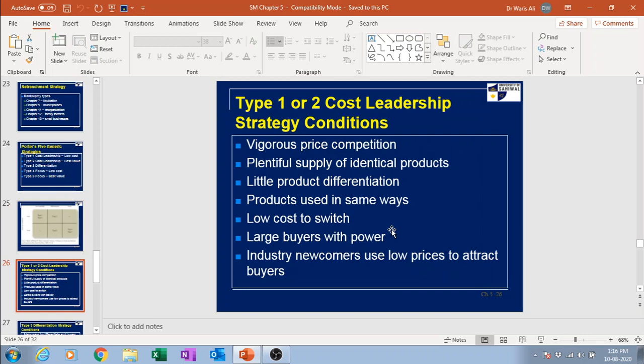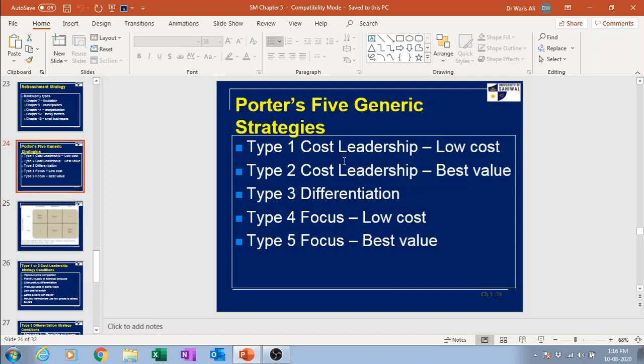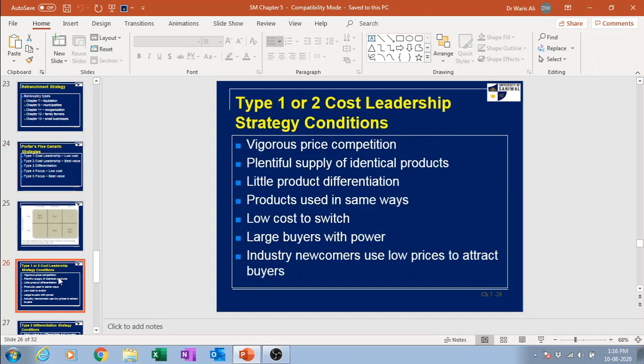For type 1 and type 2 strategies, that was cost leadership low cost and cost leadership best value, there are certain guidelines for when you can follow these two strategies.